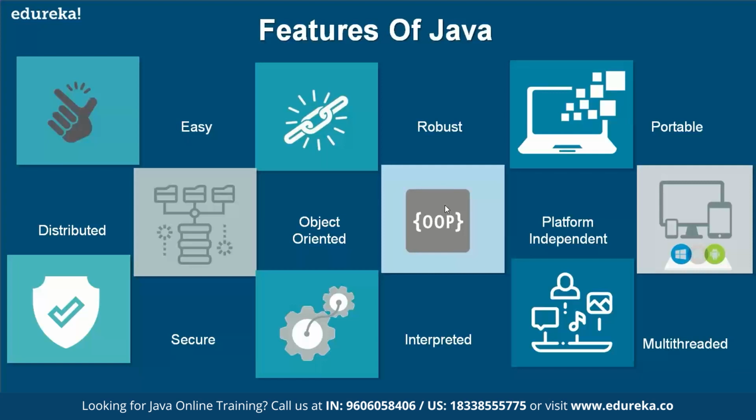Just imagine, why are we studying a programming language? To develop a software. What is a software? Application software. So application software is an implementation of a real world thing in the computer world.